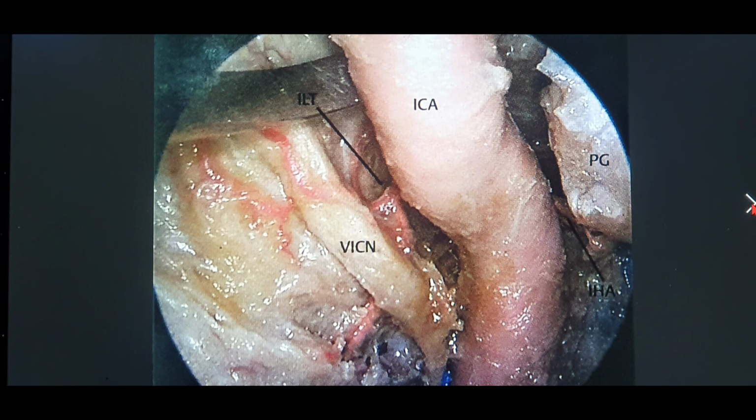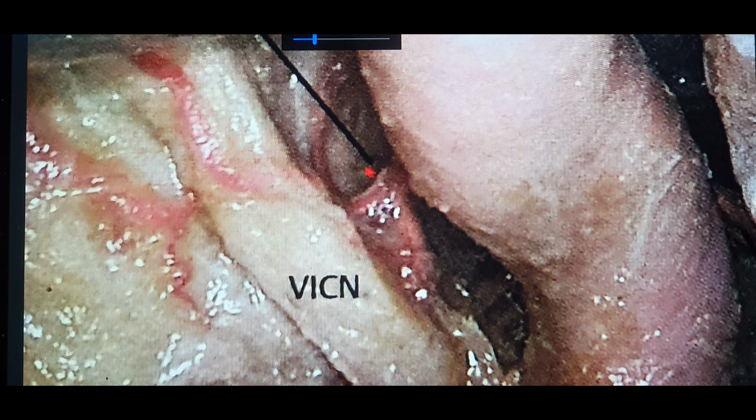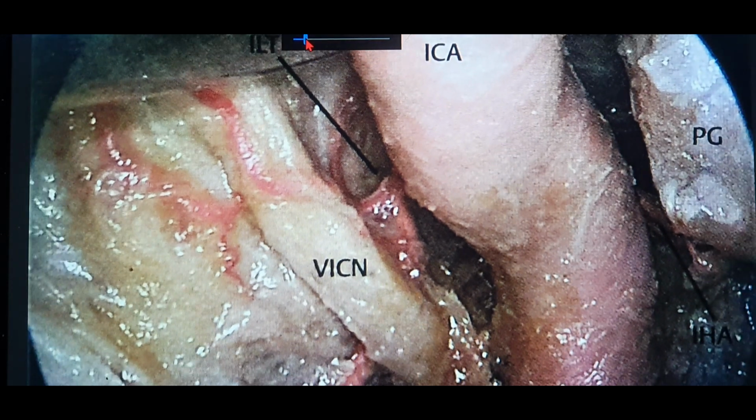Now, the fifth point is that it's very common. If I zoom this for you, you can very clearly see that the infero-lateral trunk is dividing into 2 main branches over here. One is going quite posteriorly and superiorly, which is called the posterior superior branch, and the one which is going anteriorly and inferiorly is called the superior orbital fissure branch.